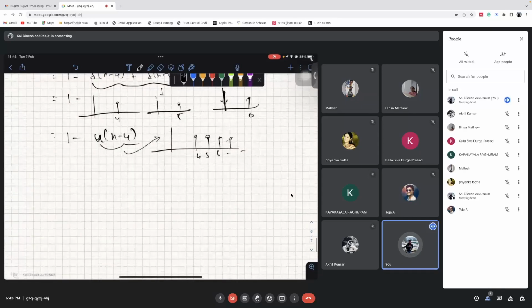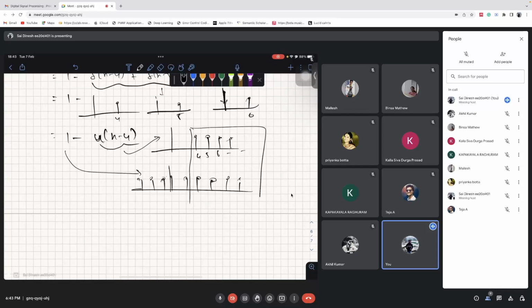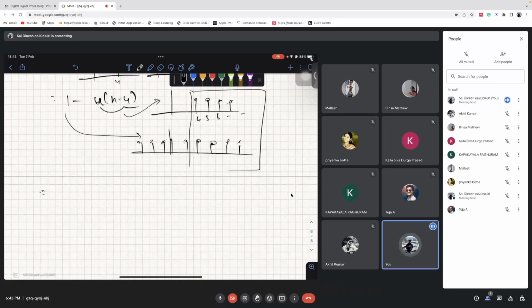So 1 minus u of n minus 4. But what is 1 here? x of n equal to 1 means all samples are 1. So this part gets cancelled out, and what you are left with is all the samples from minus infinity.